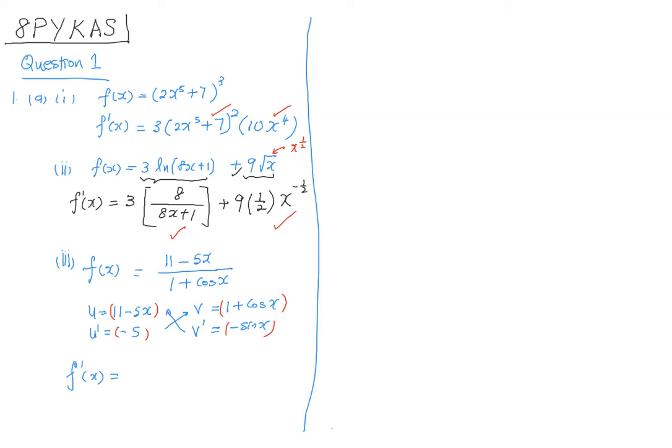Yeah, so this one start from here first. So V, U prime, all must have bracket, take away U, V prime. The whole thing divide by V squared.